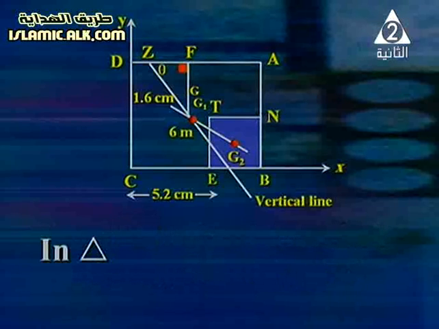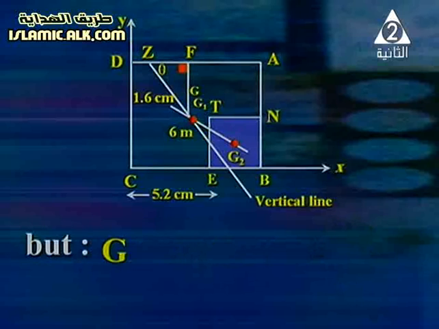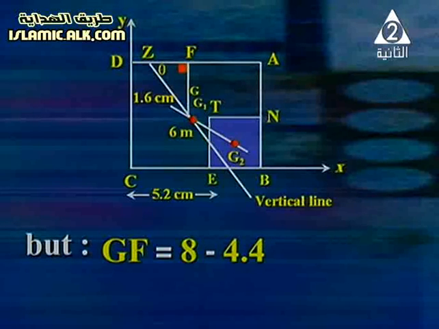What do we use? In triangle ZFG, we have tan theta equals opposite over adjacent. What is opposite? FG. What is adjacent? ZF. Then GF equals what? 8 minus 4.4 equals what?